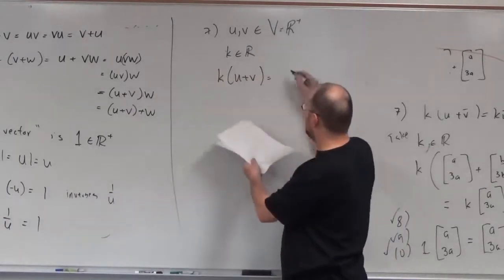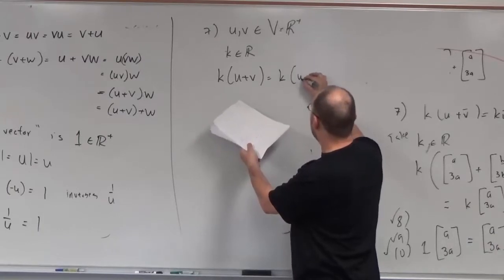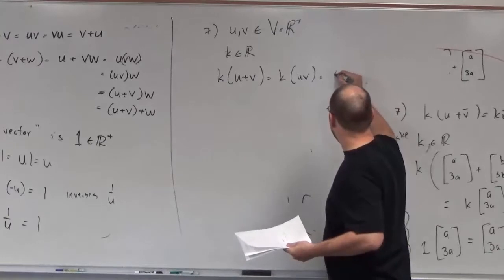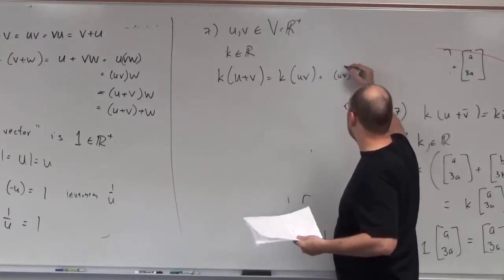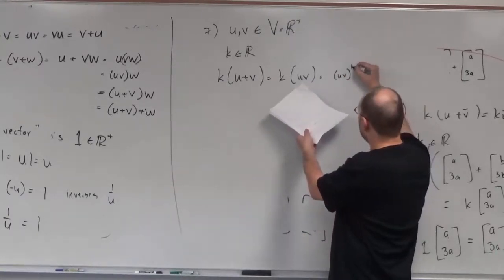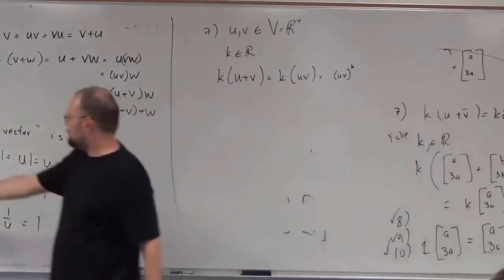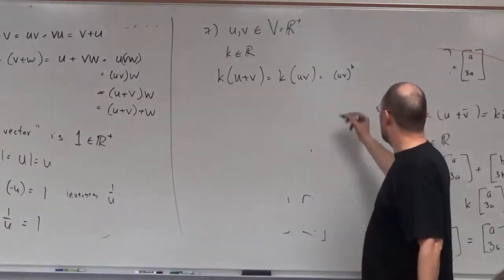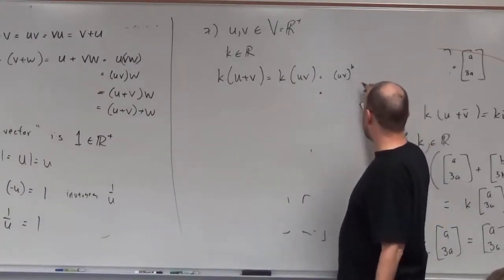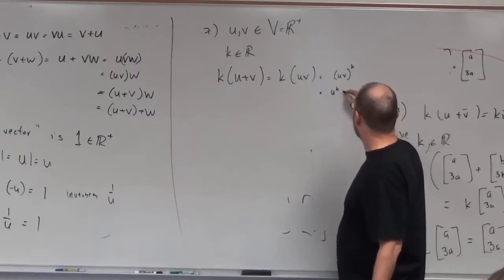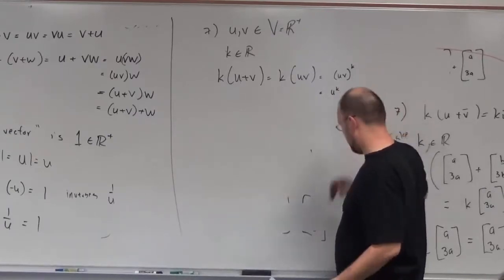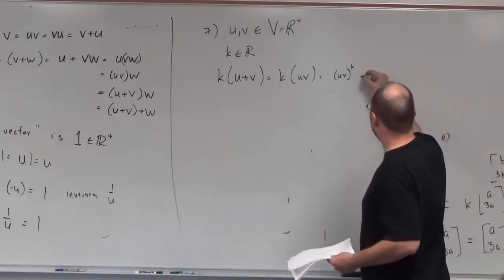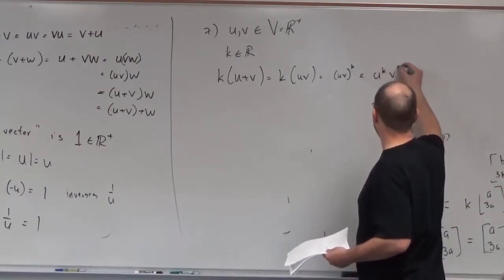u plus v is u times v, and then scaling is defined as raising our object to the power k, because that's the way we define scaling. But these are all real numbers now, so properties of exponents hold. Are you enjoying this abstract example?